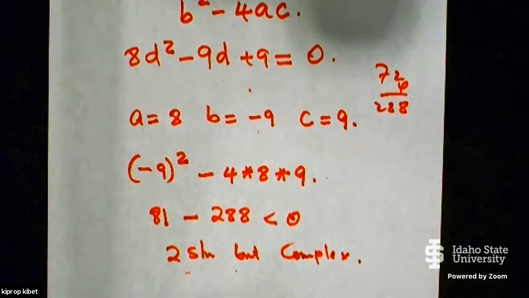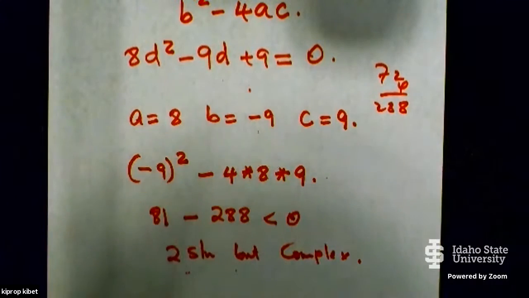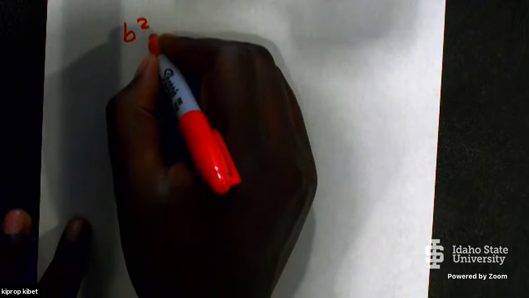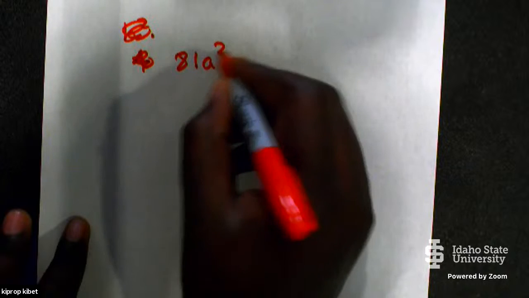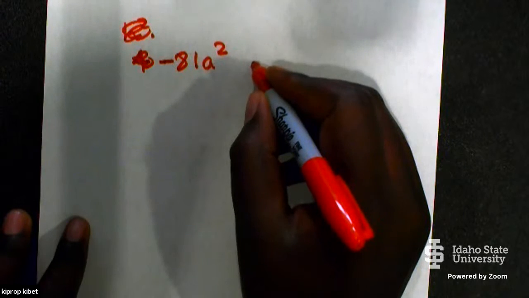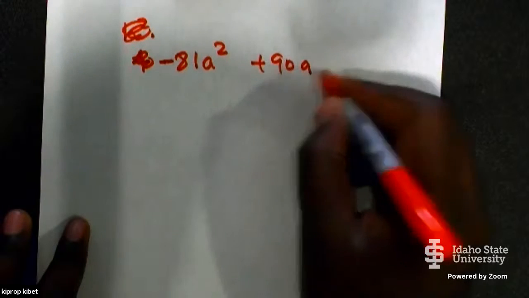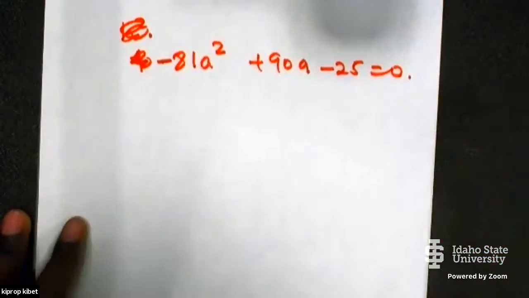All right, another example: negative 81a squared plus 90a minus 25 equals 0.